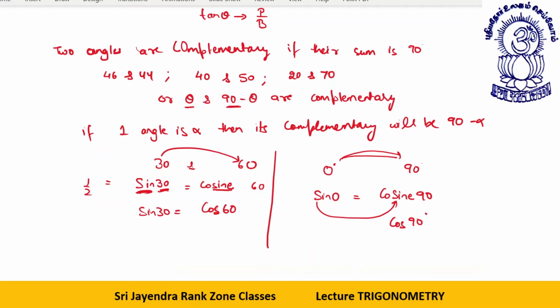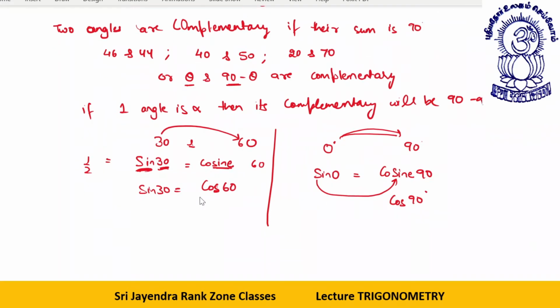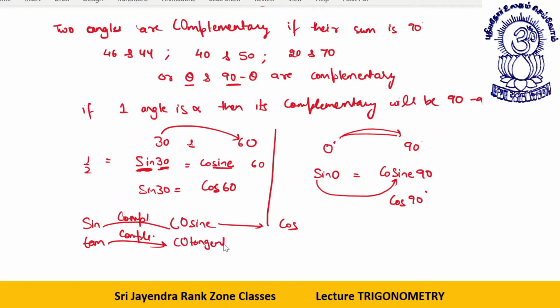So what happens, dear students, is we have a rule: sine, its complementary, complementary of sine, we write it as cos. We have tan, its complementary will be cotangent, or that will be cot.